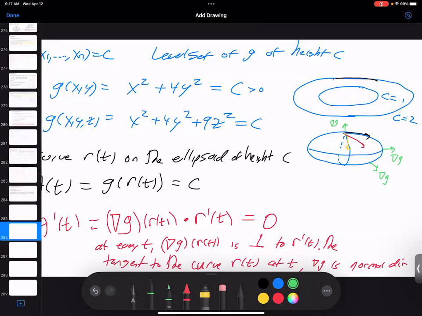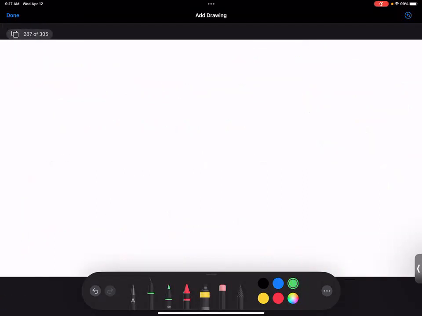So what's going on is the following. Imagine, here's my surface. And at some moment in time, here's r prime of t. So that's the direction it's going. And here is the direction of the gradient of g.